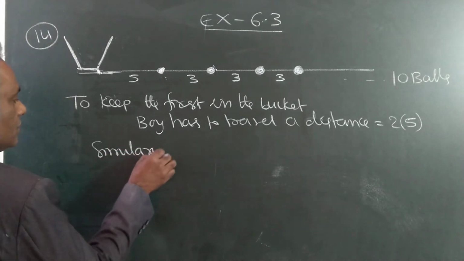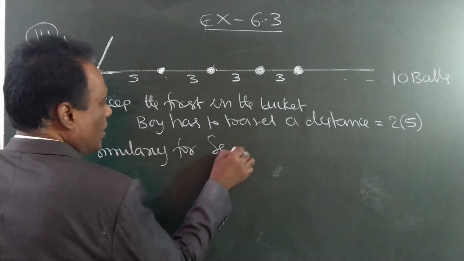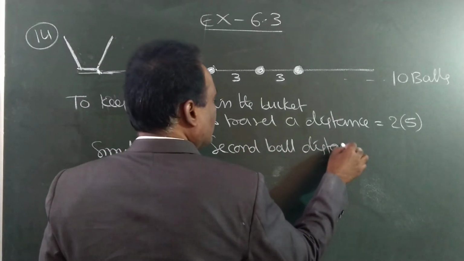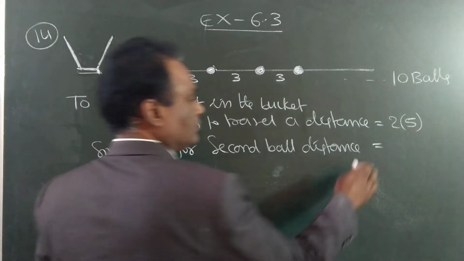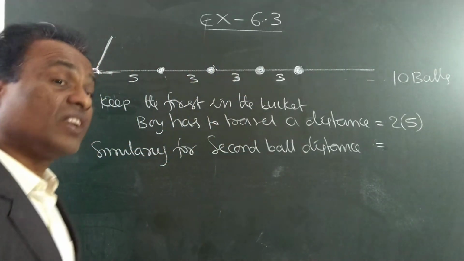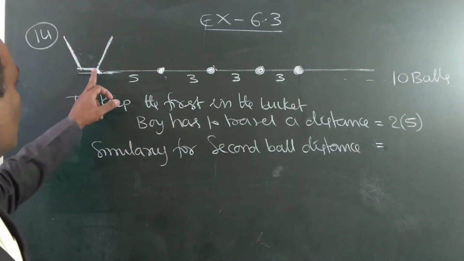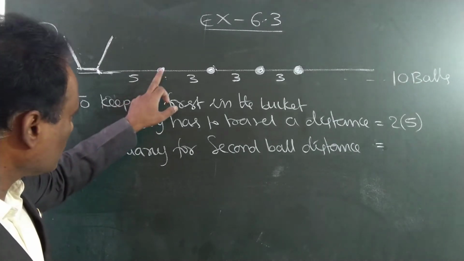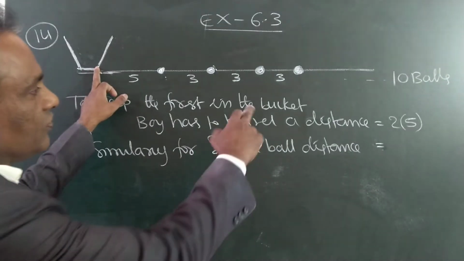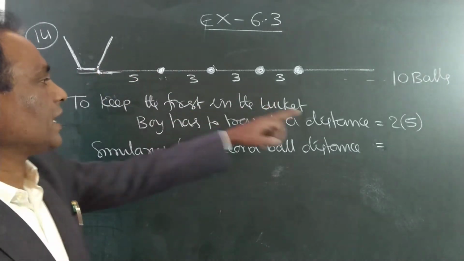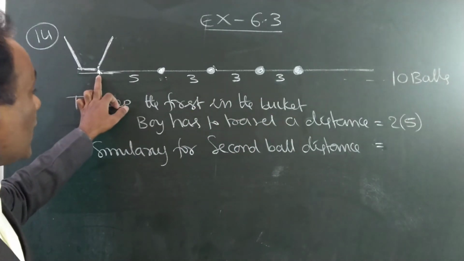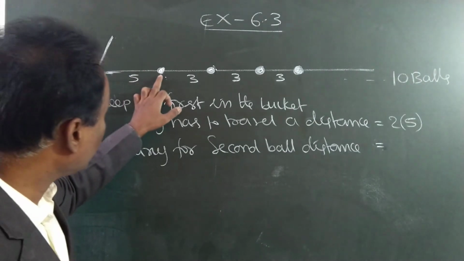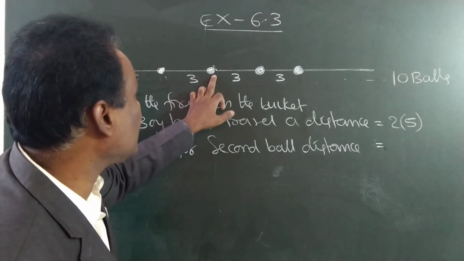Similarly, for the second ball, how much distance does he have to travel to keep the second ball? Boy went here, took this ball, kept here. That is 2 times of 5. Now, he is here. Now, how much distance he has to travel for the picking of the second ball? 5 plus 3, 8 meters.